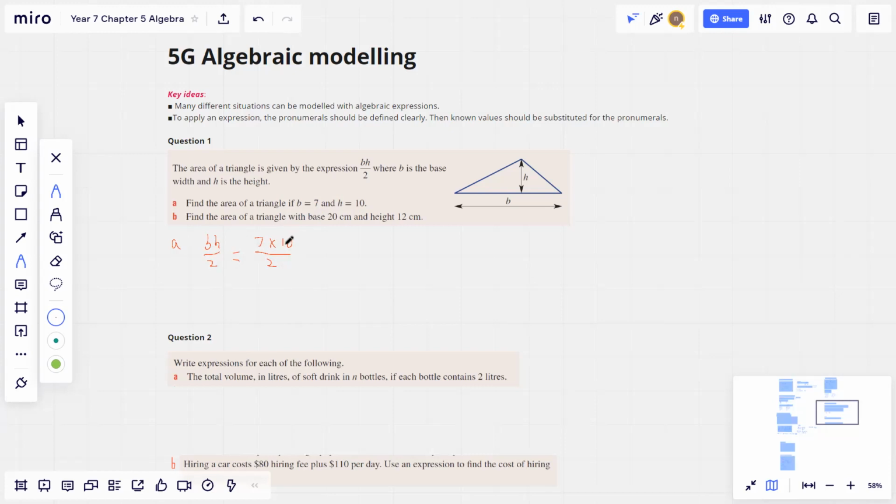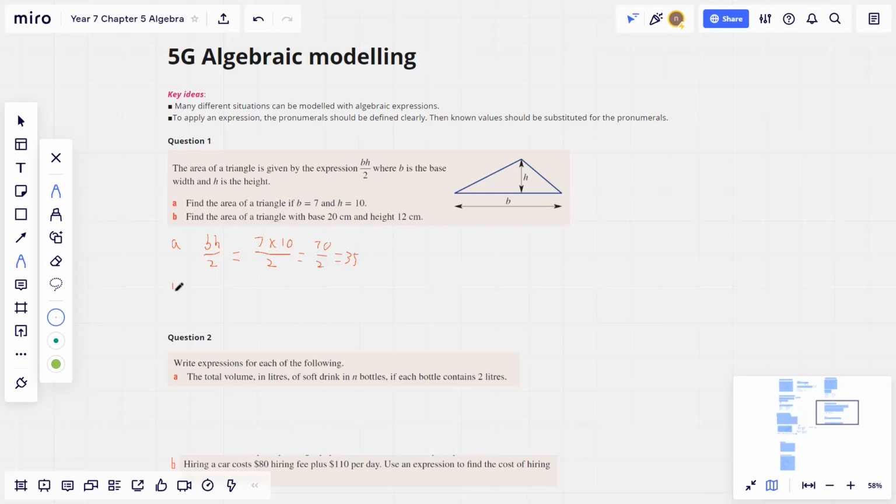Because 7 times 10 gives you 70, it's 70 over 2. You should have 35. So our answer is 35, which is the area of this triangle. That's the first question.